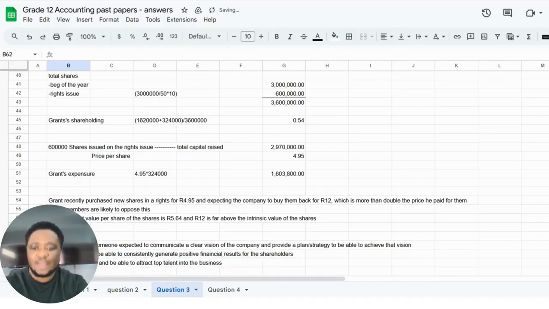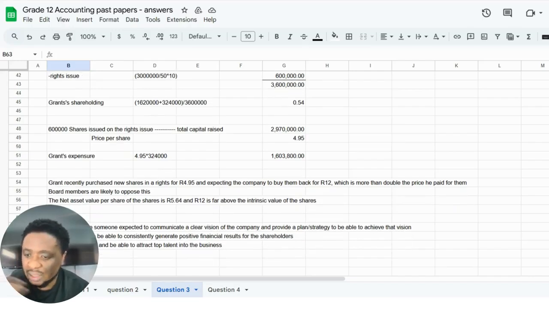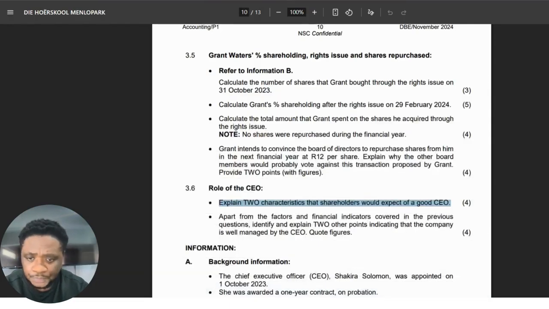You need to have that sort of charisma to draw people to you, and you want to make sure that you are attracting and also retaining top talent that comes into the business. There are many other points that you can say about a great CEO, but these are some that I could think of, and I don't want to give too many points. You just need 2 points to get those 2 marks.